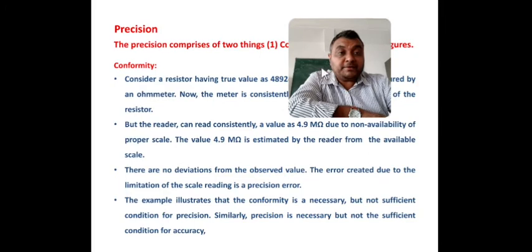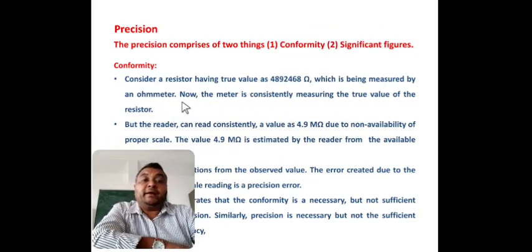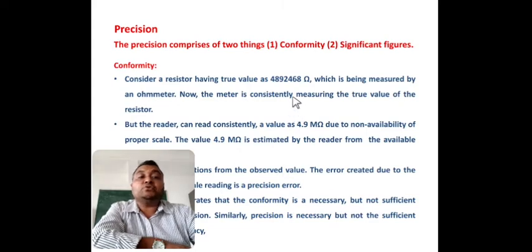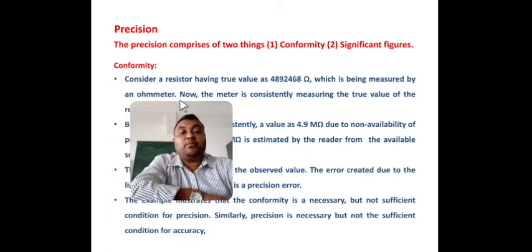This happens many times with instruments: the instrument shows that particular value of ohm, but in the laboratory there is no availability of such an instrument, so a misjudgment or wrong reading can take place. That's why precision is very necessary.